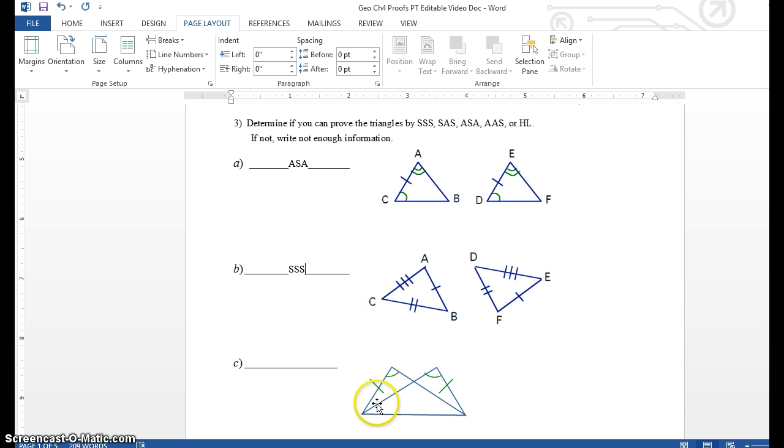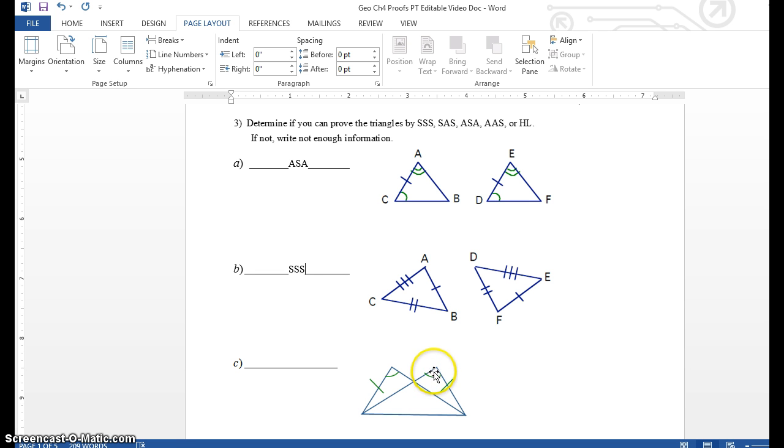And lastly here, this side right here, this bottom side, is congruent to itself. It's shared in both triangles. So if we look between these big ones, this is not enough information to go off of. If this is a side, that counts for both of the triangles.